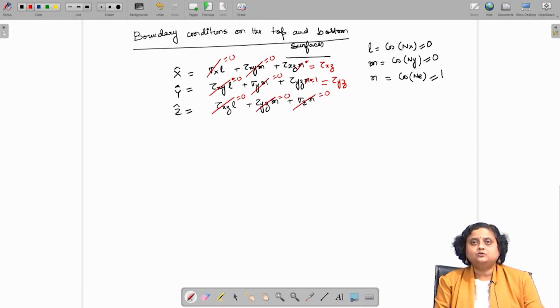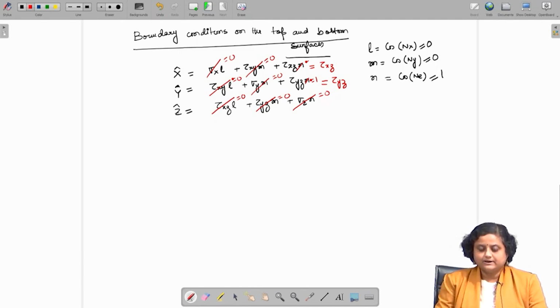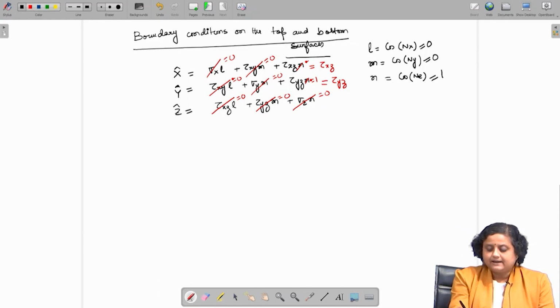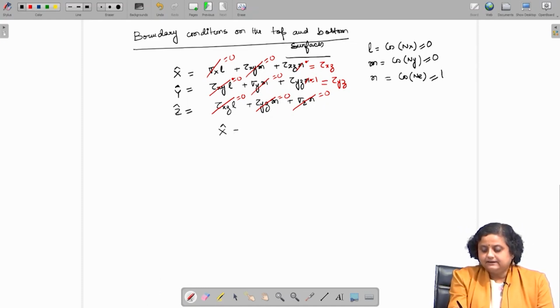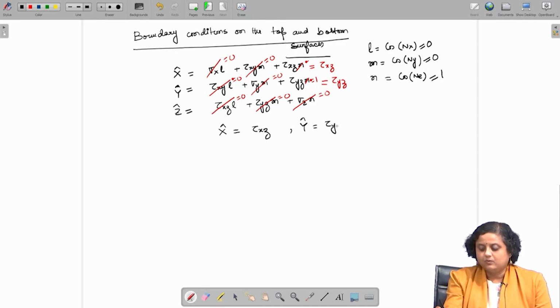Now, similar to a circular cross section shaft, we see that the top and bottom surfaces satisfy the boundary condition, except that x hat needs to be of the form of tau x z and the y hat needs to be in the form of tau y z.